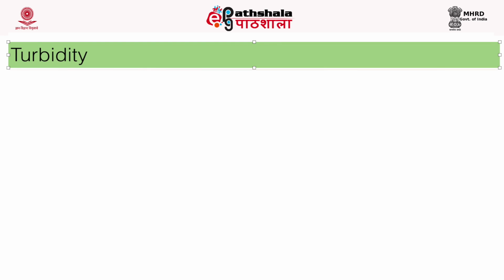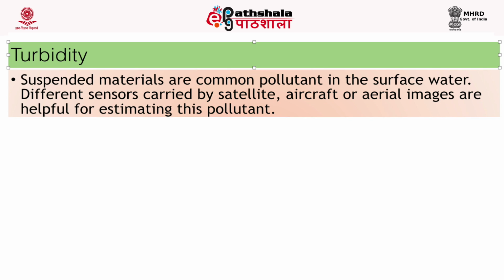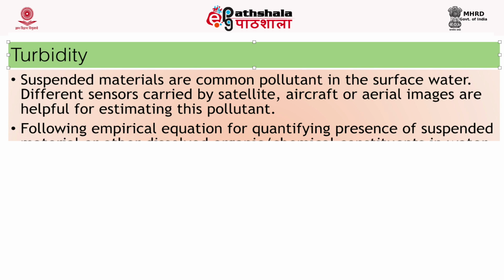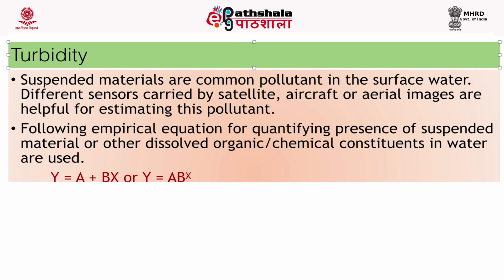The suspended materials are a common pollutant in the surface water. Different sensors carried by satellite, aircraft, aerial image are helpful for estimating this pollutant. We can use an empirical equation for quantifying presence of suspended material or other dissolved organic or chemical constituents in water.